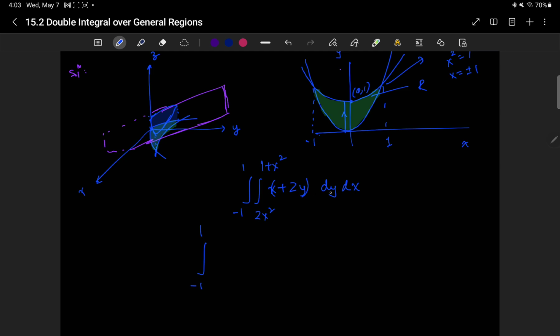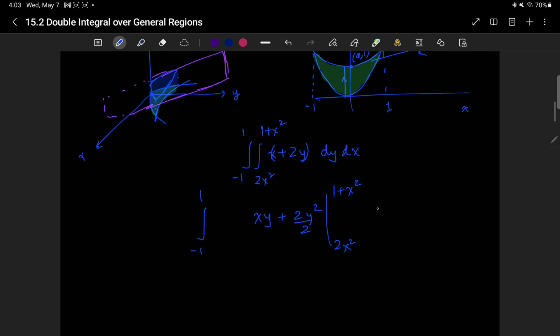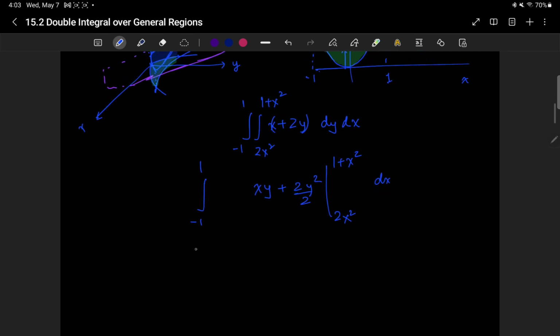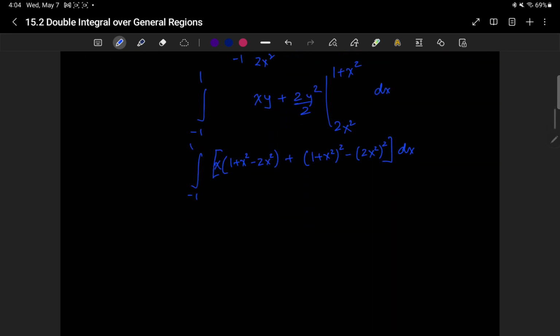So x with respect to y becomes xy plus 2y squared over 2. But now the only difference is that the limits, instead of being numbers, are themselves functions of x. So you end up with x times (1 plus x squared) minus 2x squared, plus (1 plus x squared) squared minus (2x squared) squared, and a dx for all of that.